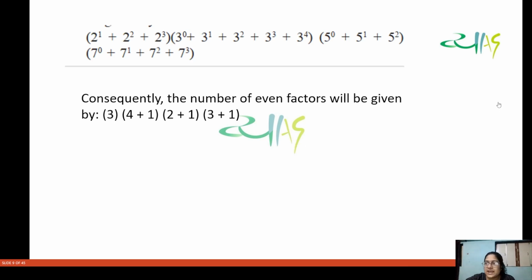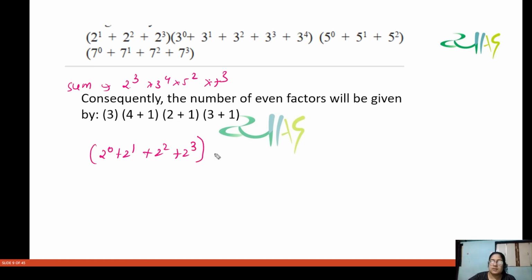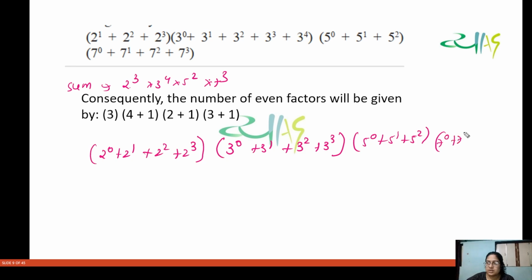For this expression, 2 cube, 3 to the power 4, 5 to the power 2 and 7 to the power 3, the sum of the factors can be given by 2 to the power 0 plus 2 to the power 1 plus 2 square plus 2 cube, into 3 to the power 0 plus 3 to the power 1 plus 3 to the power 2 plus 3 to the power 3, into 5 to the power 0 plus 5 to the power 1 plus 5 to the power 2, into 7 to the power 0 plus 7 to the power 1 plus 7 to the power 2 plus 7 to the power 3.